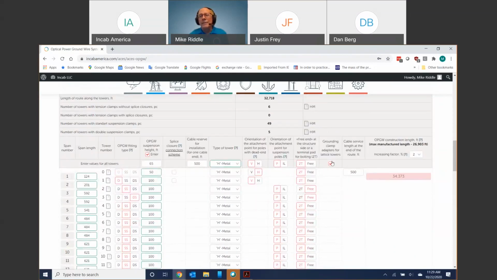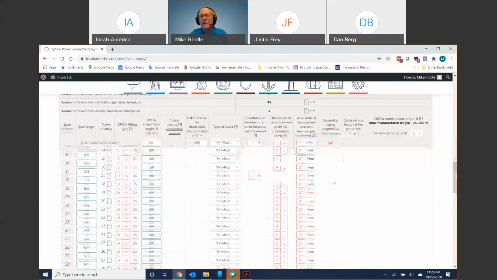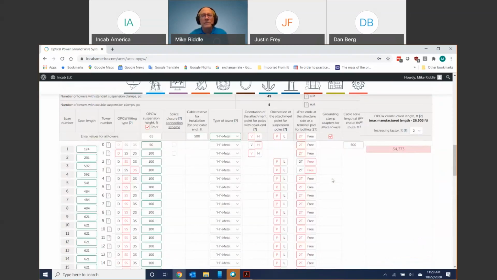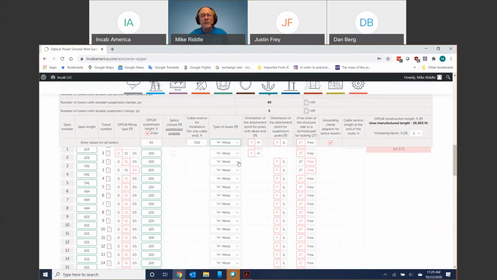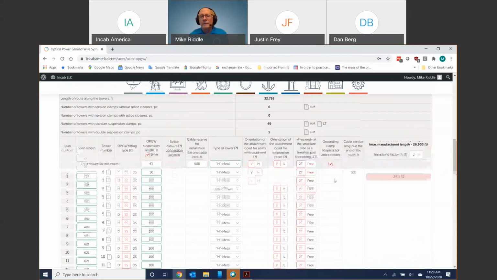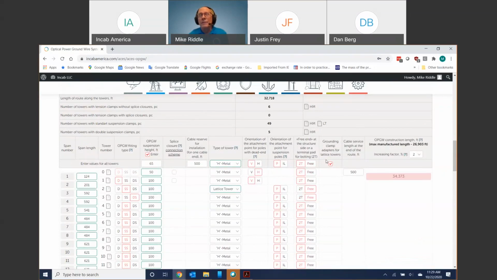Do I need an adapter for lattice towers? We don't have lattice towers here. Well, let's make one. So we'll say that this one is a lattice tower. With this checked, that will be included in the bill of material that you will receive at the end of the process.